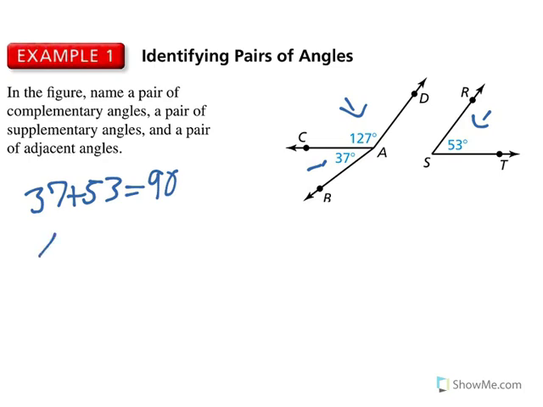Angle A would refer to two angles, so I have to call it by three letters. I'm going to call this angle RAC plus the angle RST, or angle S, would equal 90 degrees. So I could also say that they are complementary.